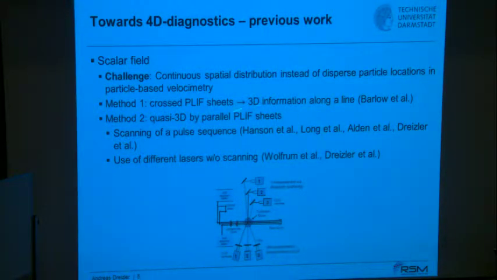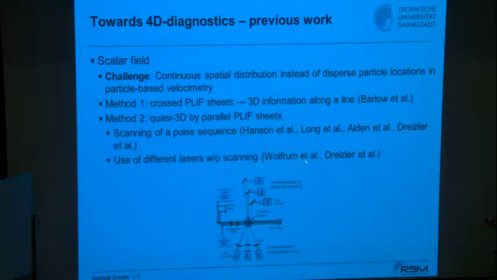That dates back many, many years, and I'm not sure whether Ron Hanson has been the first one, but at least he was among the first doing that. Another possibility is that you simply use a bunch of lasers, as shown over here.